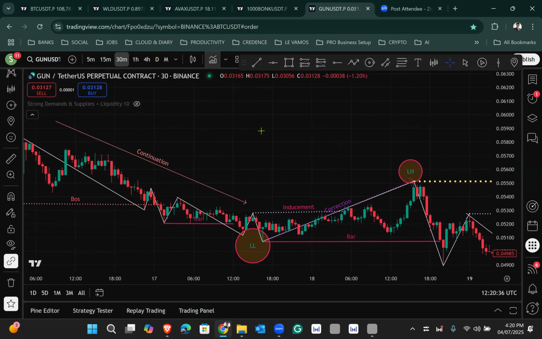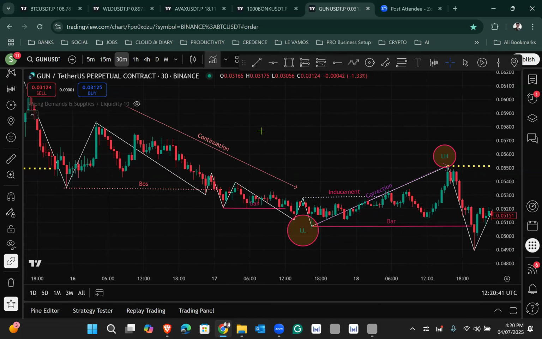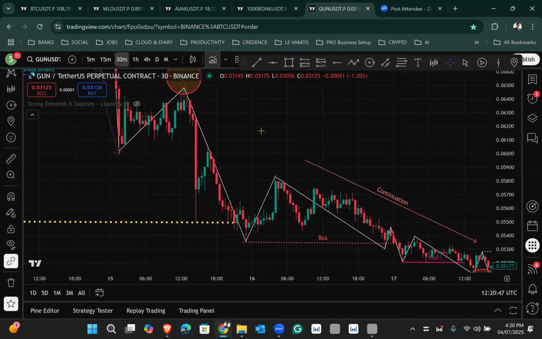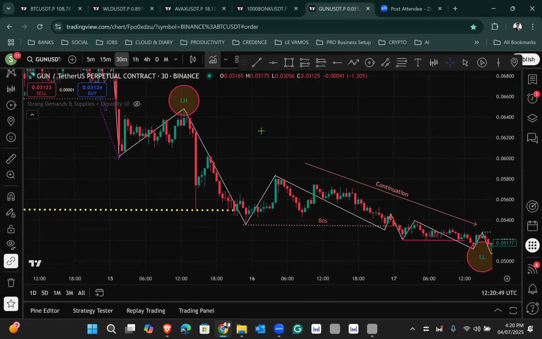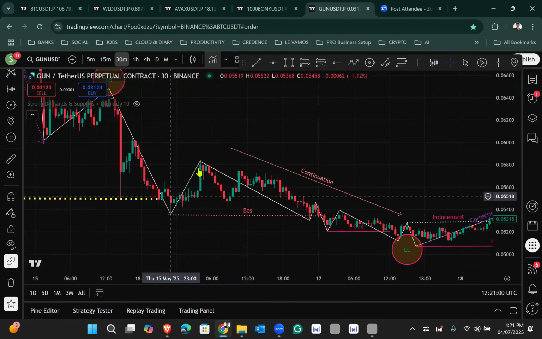Check the one behind, to your left. If you go back a little, there's a lower high. This move that created this break of structure, there was an inducement here. This is an inducement, you mean?